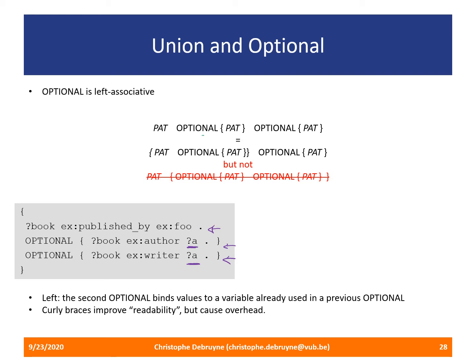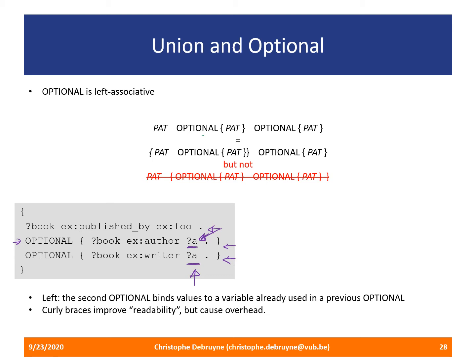Suppose that for a particular book X, there is an author A, Christophe de Bruyne, and that is found. Fantastic. But then that value will already be bound, and any other value for writer that is different from A will not be found. Because it's left associative, this one has precedence, so whenever there's a value for this one, you might miss values that you can find for the second one.